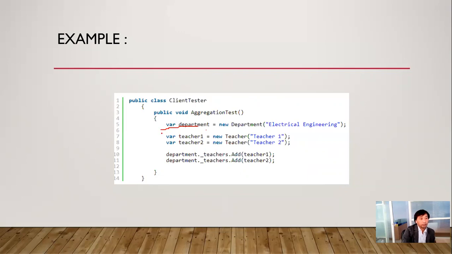Then next, we will create the teacher objects, teacher one and teacher two in this example, and it can have more than two teachers. And then the next part will be we will add the teacher objects into the department attribute.